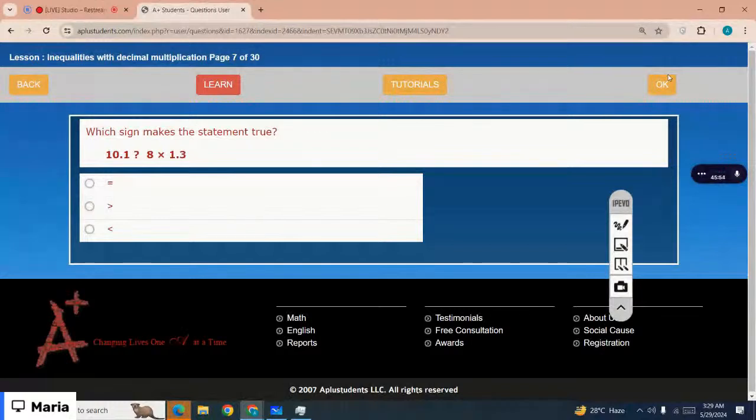10.1 times 10.1, you have to compare it to 8 times 1.3. So which is the correct option? It's greater than 8.133. The correct option is greater.